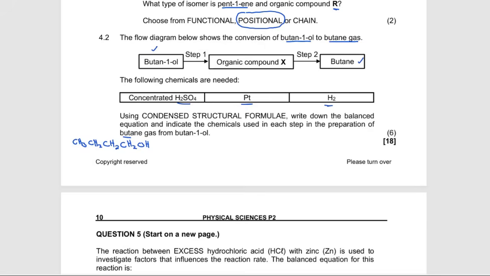Then after that, we're given concentrated H2SO4, right? So over the arrow I'm going to write conc. H2SO4. So what is it going to give us?